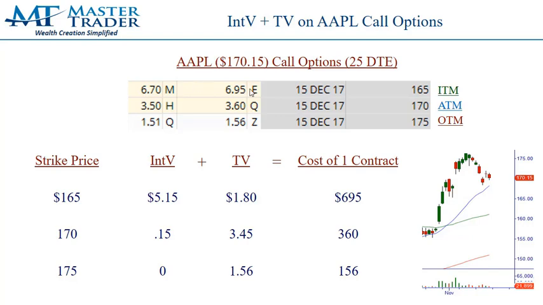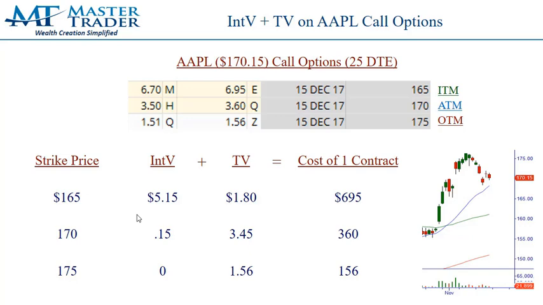Now let's go to the $165 call, which is right here in the money. It costs $670 by $695. I'm not going to worry about midpoint right now as we walk through these definitions. So one contract, if you bought a $165 in the money Apple call option, is $695. How much of this one is intrinsic value?